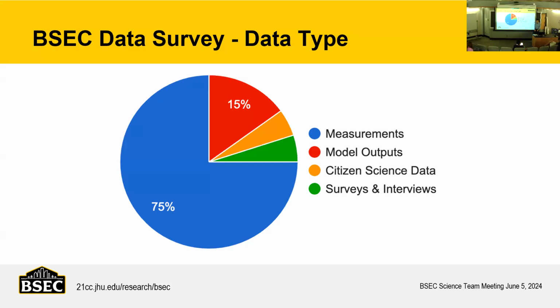Even the citizen science data that the community partners may contribute, that's a coordinated effort between BSEC and the community partners. So another way to ask the question would be, who is completing the citizen science data surveys? That one entry, if I drill that down, her first name is Katie.